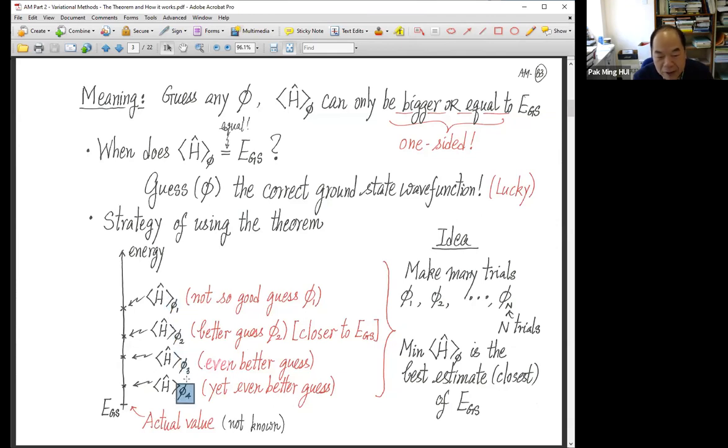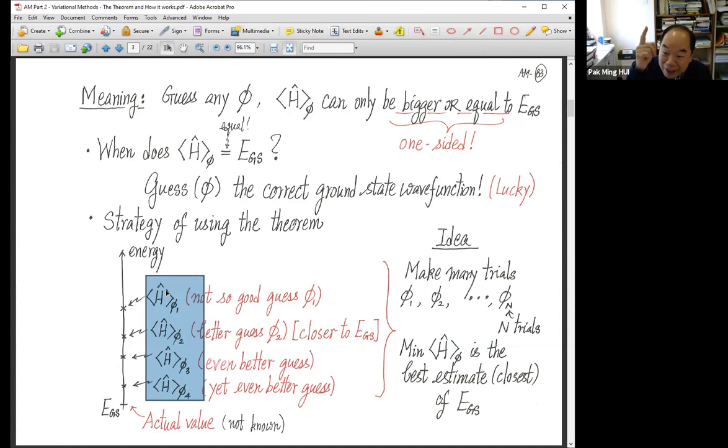Here I depict that if you make 4 different guesses, since the theorem says all these expectation values must be higher than the actual ground state value, you just pick the lowest among the 4. Then you have a better prediction of the ground state energy. Do you understand how to play with the theorem?